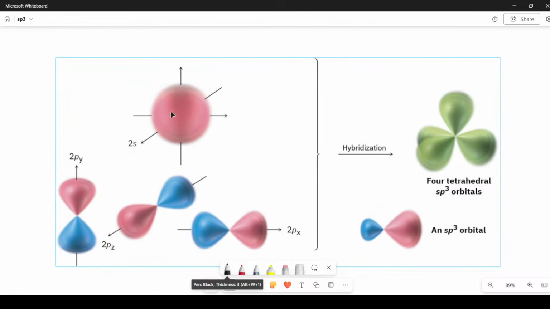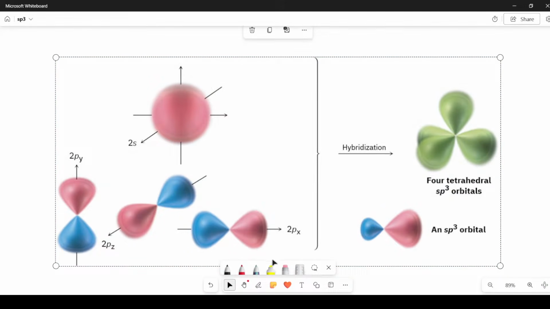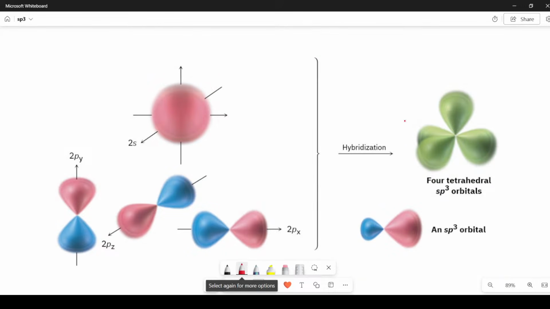The combination of the s orbital, for example in carbon the 2s orbital, would generate a hybrid orbital. But remember, we have 4 atomic orbitals together with the s: 1, 2, 3, 4. They generate 4 hybrid orbitals as well.